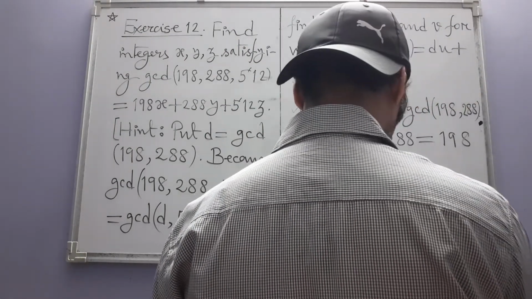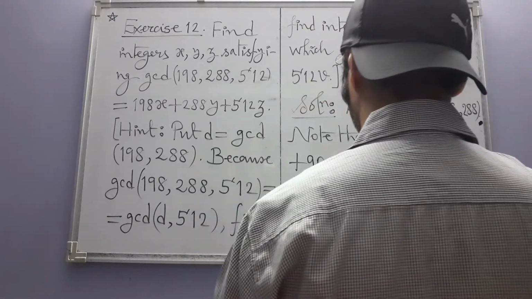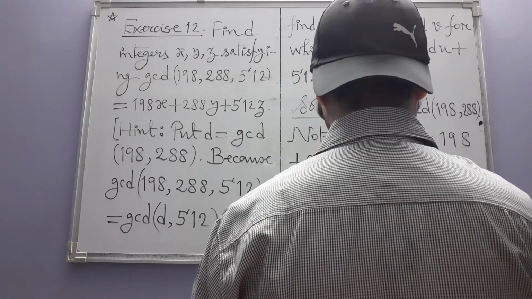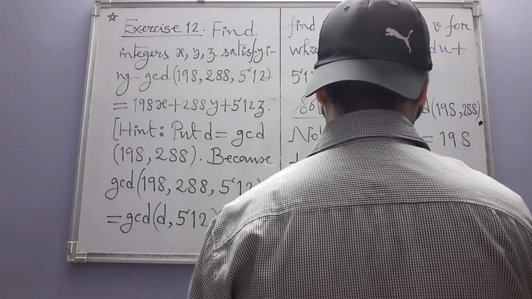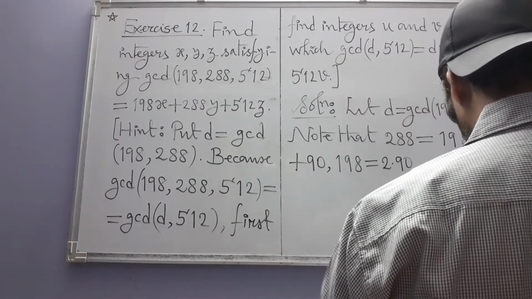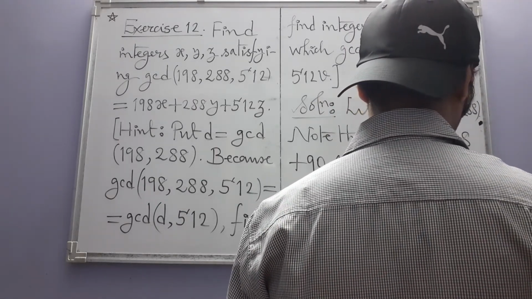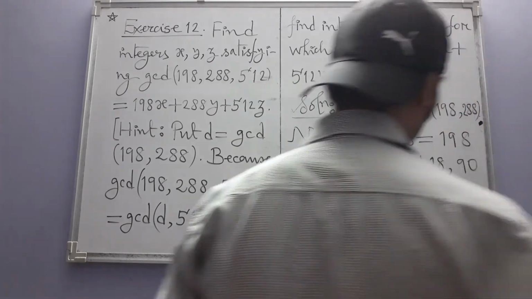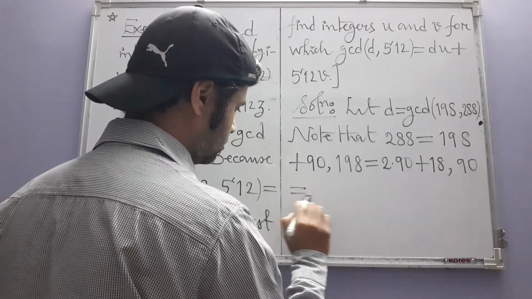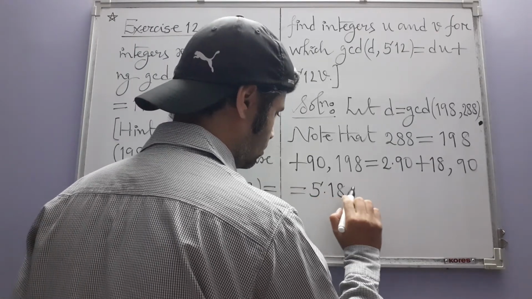Then you have to divide 198 by 90, and if you do that you get 198 is 2 times 90 plus 18, and next you divide 90 by 18, which is this.